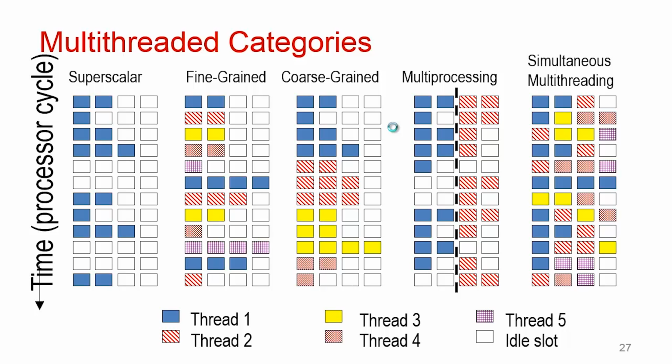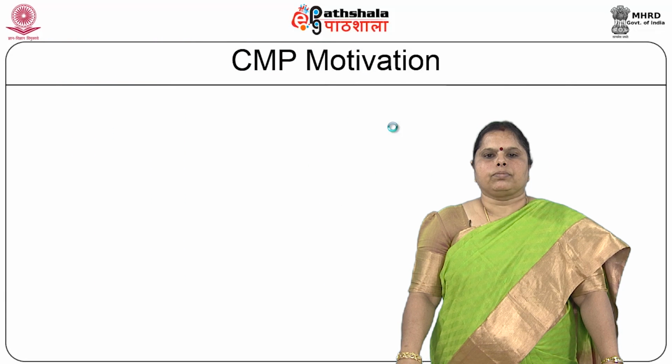That is basically simultaneous multithreading. You also have one more diagram which gives you an indication of multiprocessing. Multiprocessing is where you have 2 cores of execution, one core executing the blue thread and one core or processor executing the red thread. These are the various categories of multithreading.